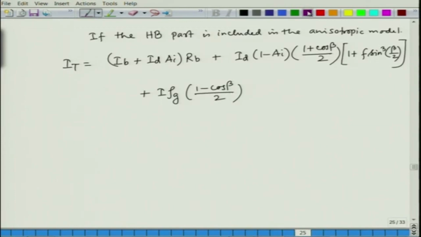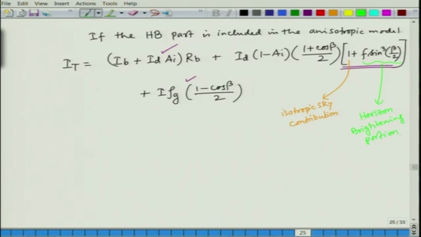So, the first and third terms are exactly the same, the only difference we have is in the second term, where this 1 is giving you the isotropic sky contribution, and the other part is giving you the horizon brightening portion.